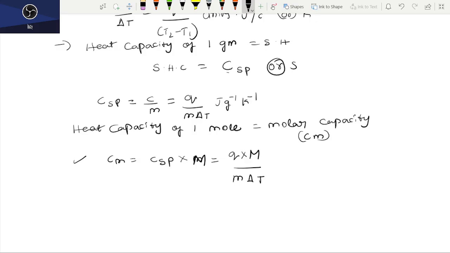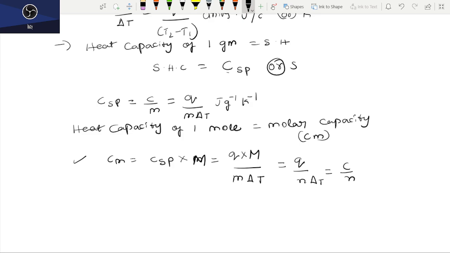So Cm, the molar heat capacity, is equivalent to specific heat capacity into M, that is equal to Q into M by m delta T. Same formula I wrote here, the value of Cm I mentioned here, and if you do the cross multiplication, I got this equation at last. Finally, that is equal to Q by n delta T, which is equal to C by n.